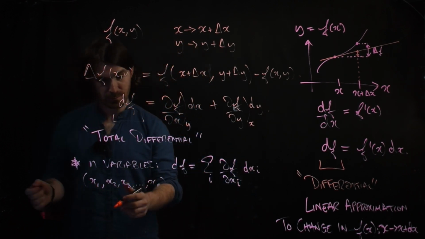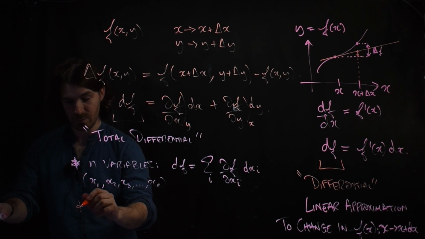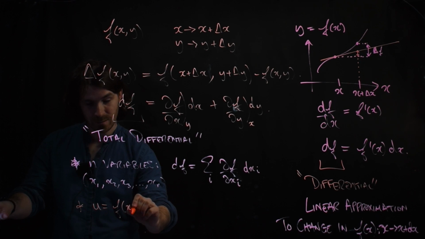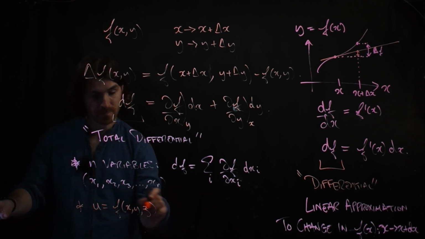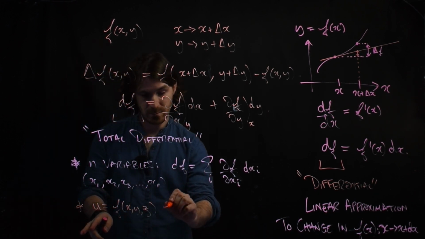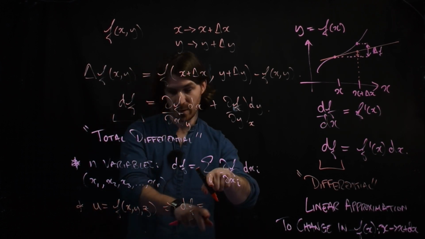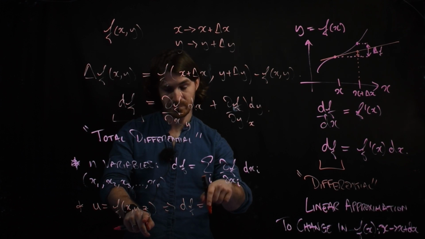So if you have a function of 3 variables, for example u equals a function of x, y, and z, then df is equal to, so i goes from 1, 2, and 3.